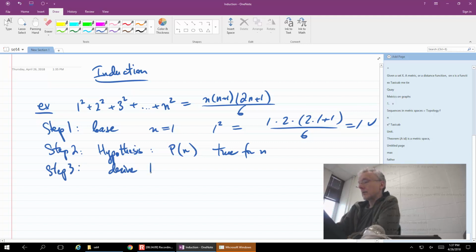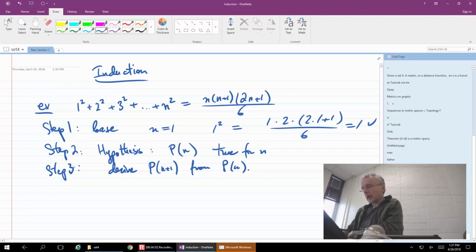Step 3, derive P(n+1) from P(n). Okay, so we have to write P(n+1) and work our way down, or conversely start with P(n) and then try to add things to it. Doesn't matter. It's just the way to discover the proof, but once you discover the proof, writing it up in any manner that you prefer is not as much a challenge as finding it.